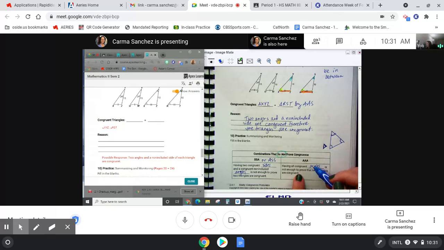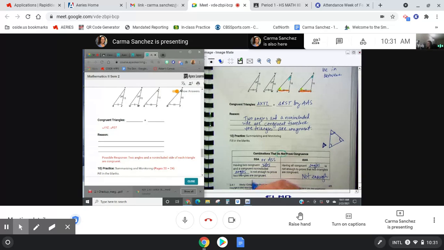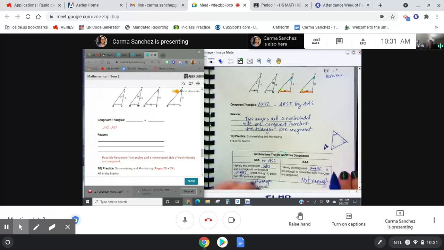Definitely not. Their three angles are congruent, but their side lengths are definitely different. So three angles is not enough. And the same way I could prove that two sides and an angle is not enough. So if that's what you're given in a proof, you would say there's not enough information for congruency. You cannot prove that they're congruent.